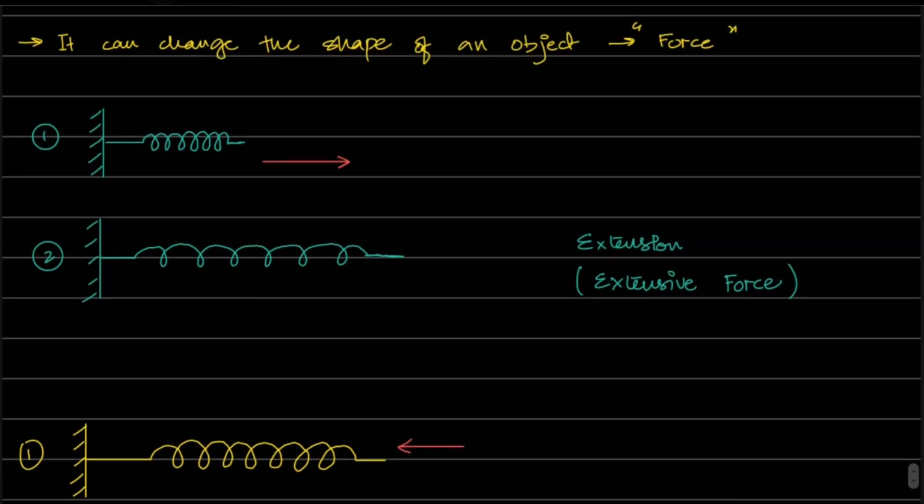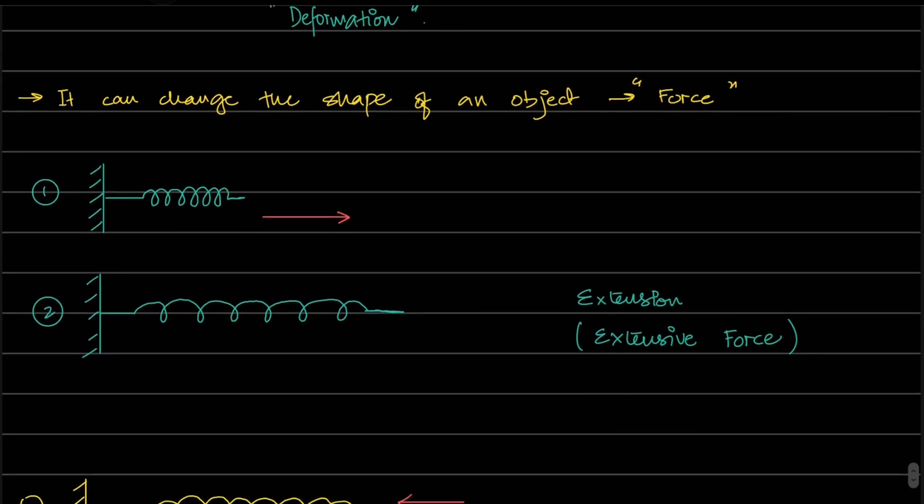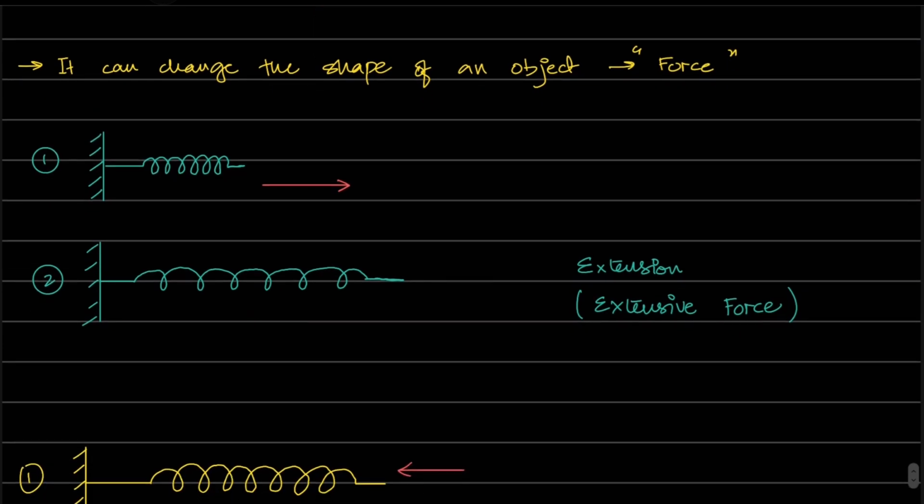So in this case, let's suppose we talk about the first diagram: you're applying the force, there is extension, as you can see in the second diagram. What will happen is, let's say I let go.